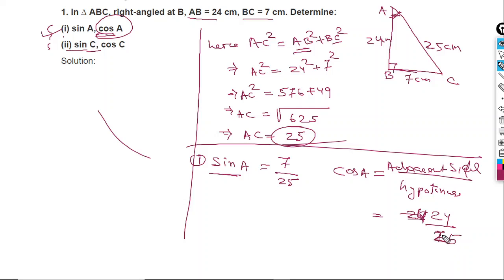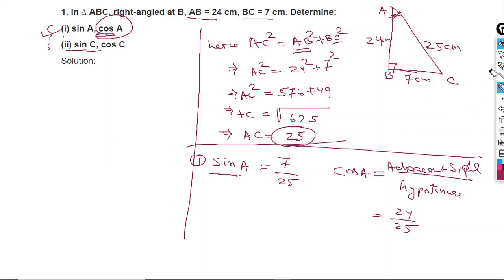Hypotenuse is your 25. Okay, we'll clear it. So 24 by 25. Now we will move to the second part.